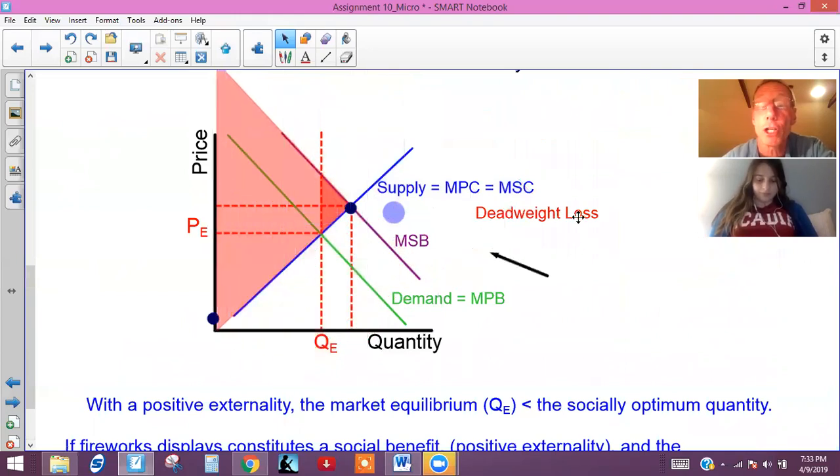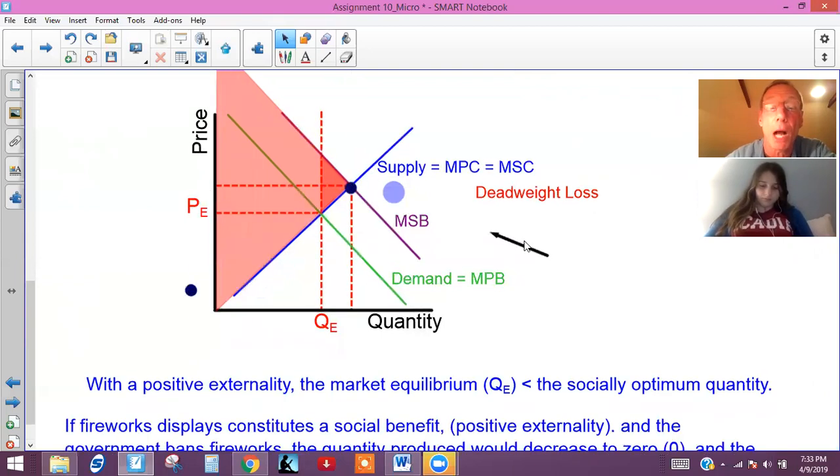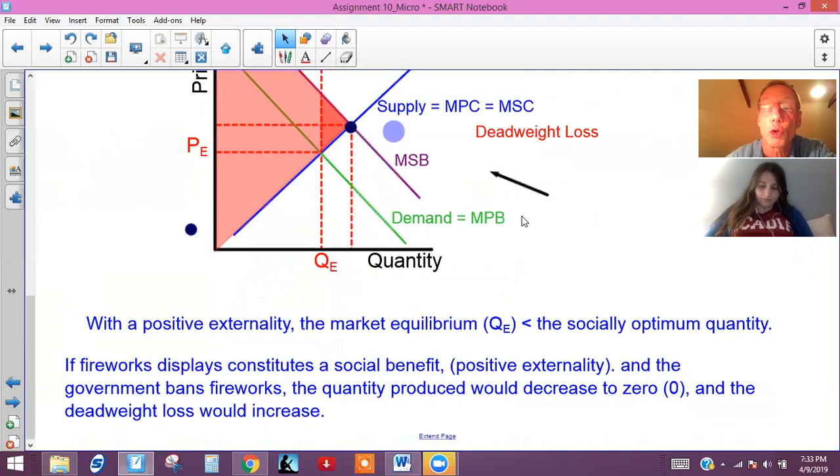So yeah, it gets huge, because all of this now is deadweight loss because we're this far from the optimum, because a zero is here. Zero, if they're banned, quantity is zero, right? And if the optimum is way out here, then this is our deadweight loss. So it obviously increases.